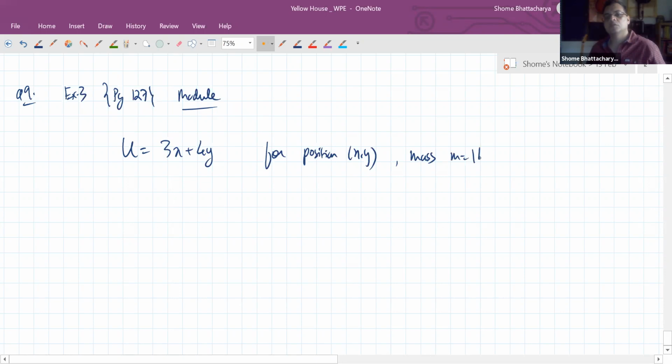And also it is at rest at the position 6 comma 4 initially.